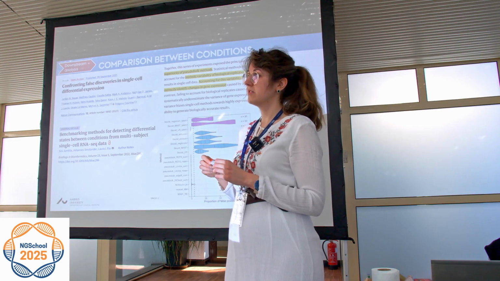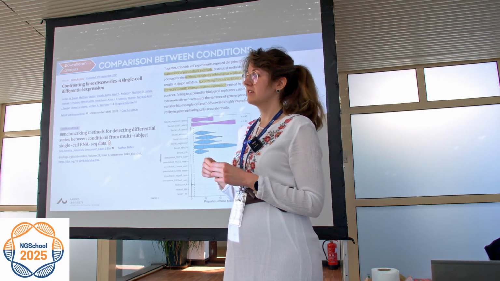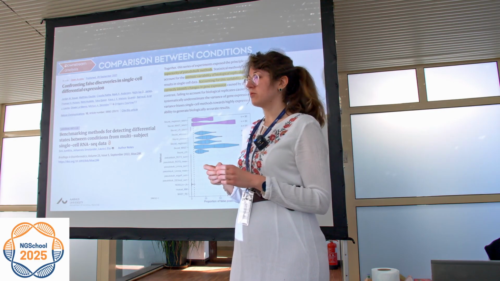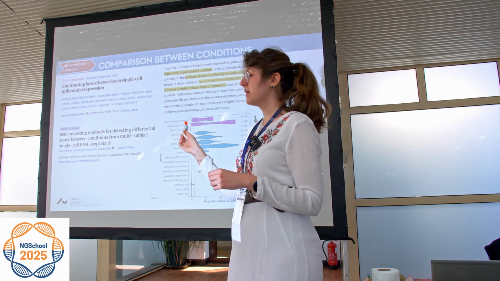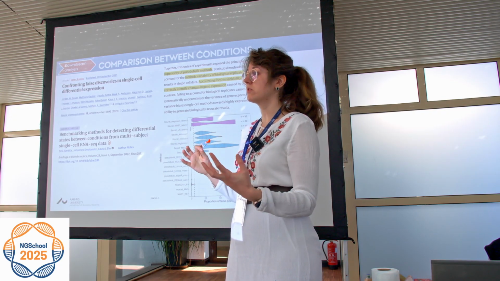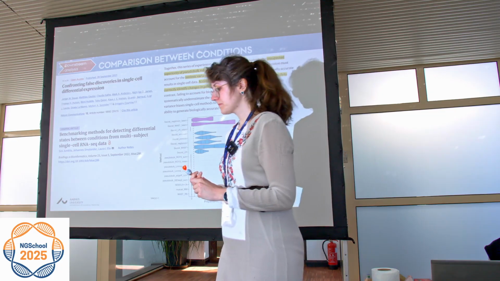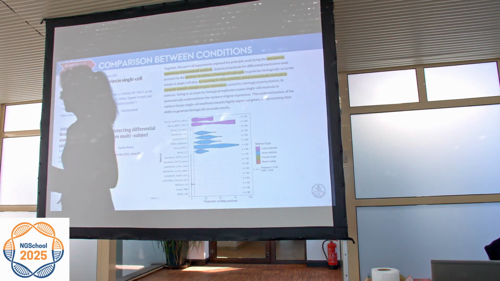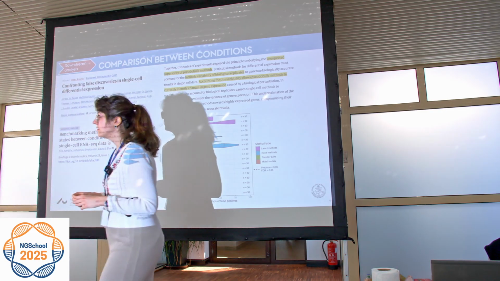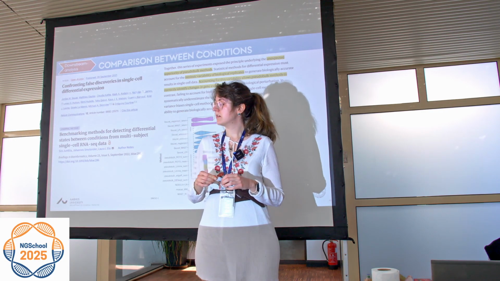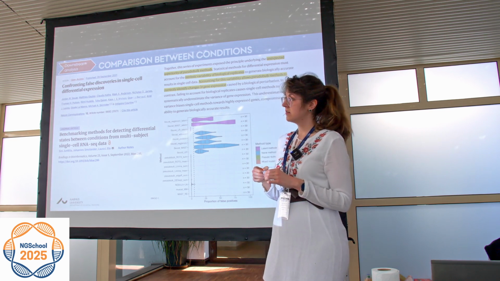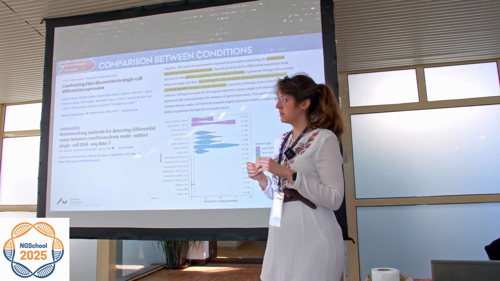So then I have to remove the PC that's associated with it. That's what I typically do, because the other methods do not work. It doesn't help to regress out the cell cycle because it's so strongly correlated. So we go dimension by dimension from PCA: you color the cells by cell cycle phase, for example, and look at which principal component separates them the most, and you remove it.